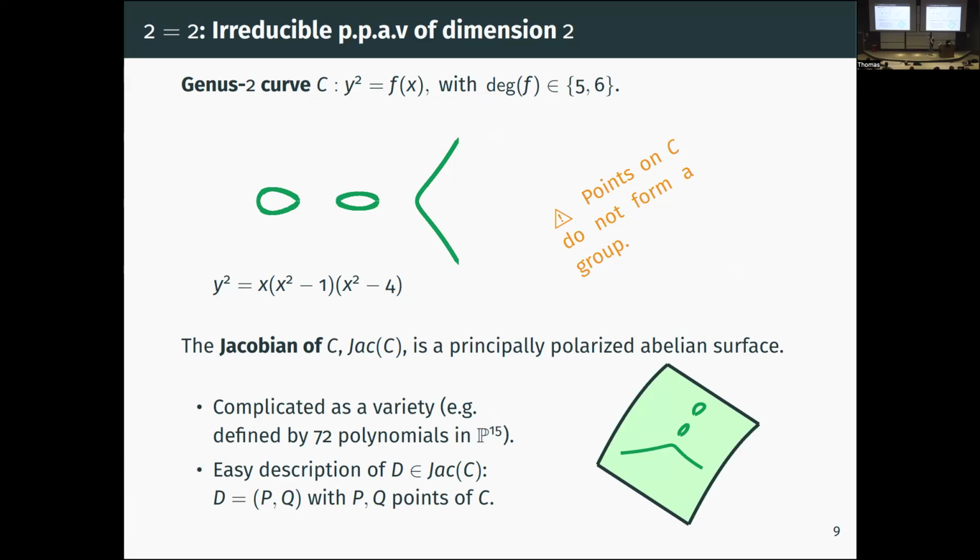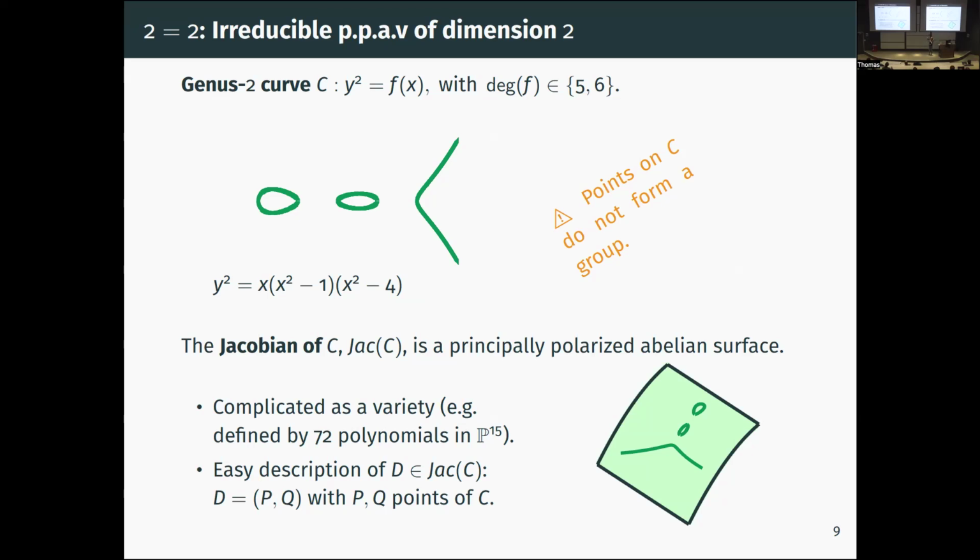I don't have time to give a formal definition of this, and maybe you also don't want to see it. But one way to think about it is that it's a surface, so something of dimension 2. And the description as a variety is quite complicated. For an elliptic curve, we could just define it as a variety by giving one equation.